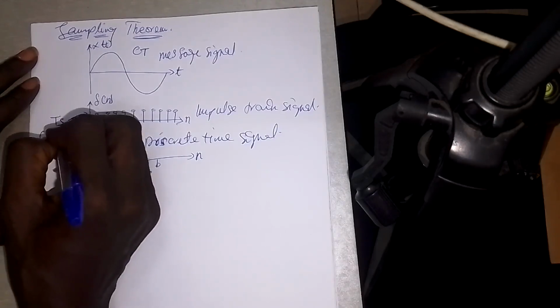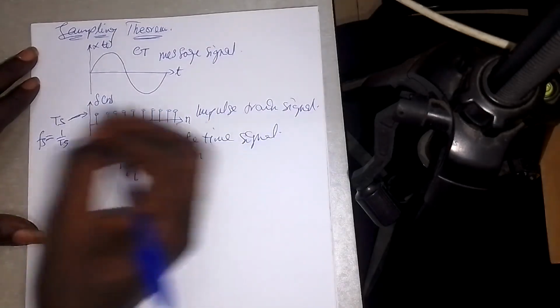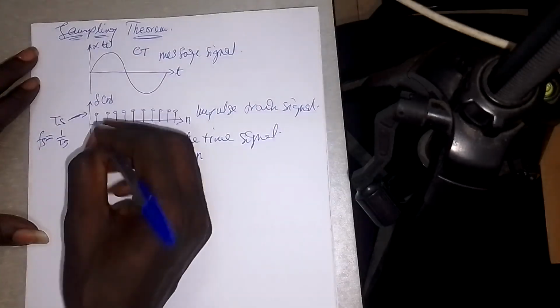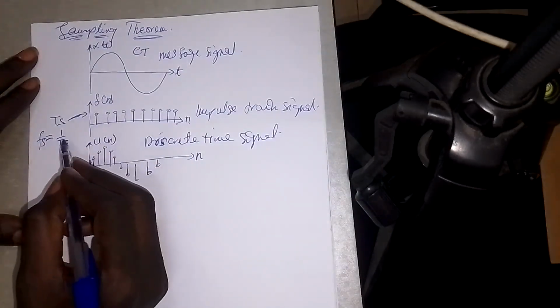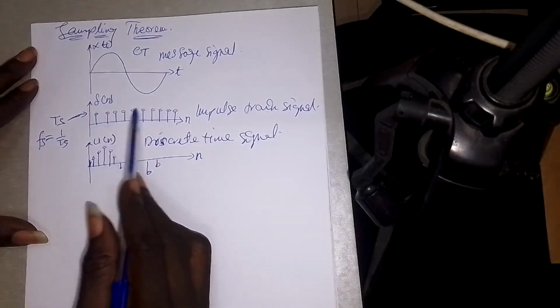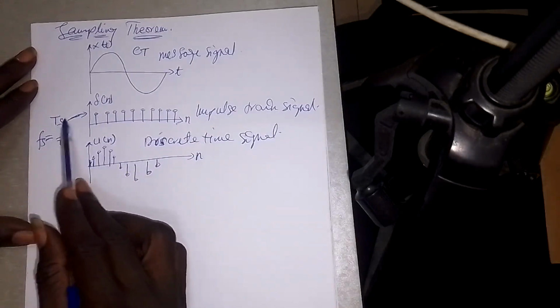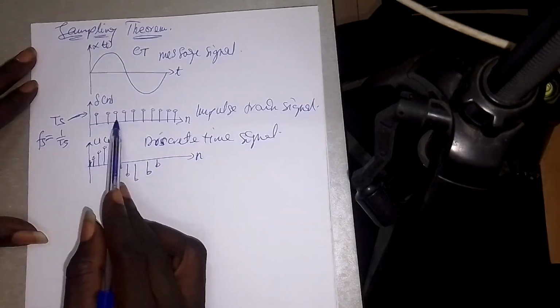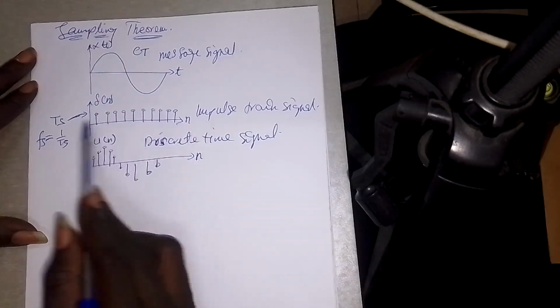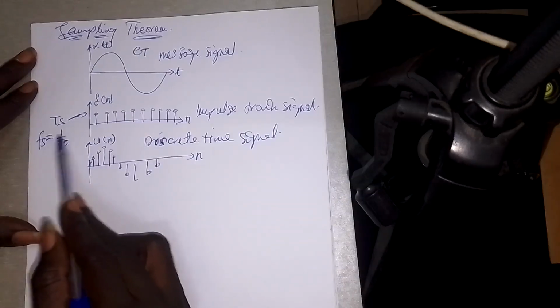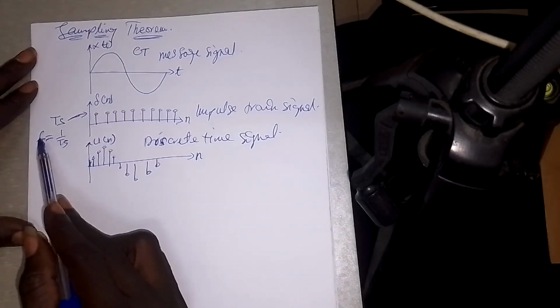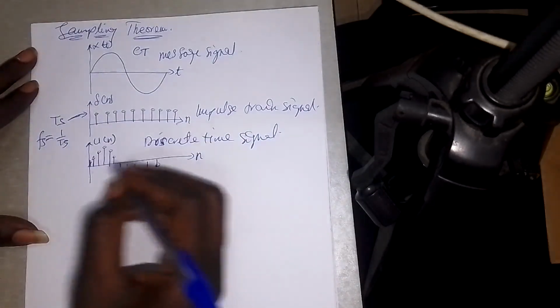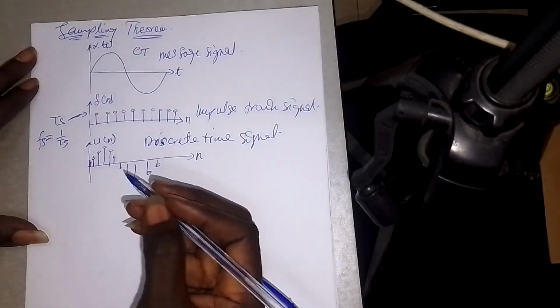Ts will give us Fs by taking 1 over Ts. This impulse train signal has a time period, which is the period between the samples. And 1 over Ts will give us Fs, and Fs is called the sample frequency.